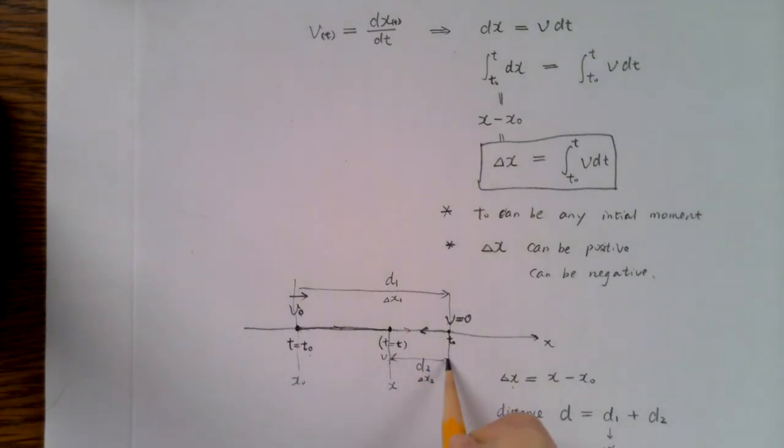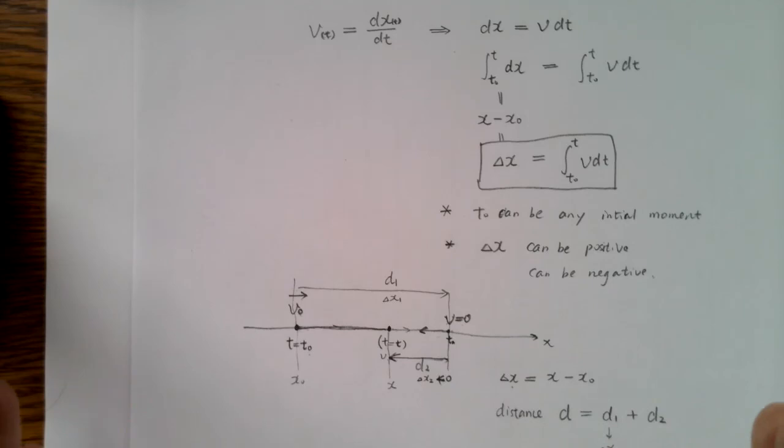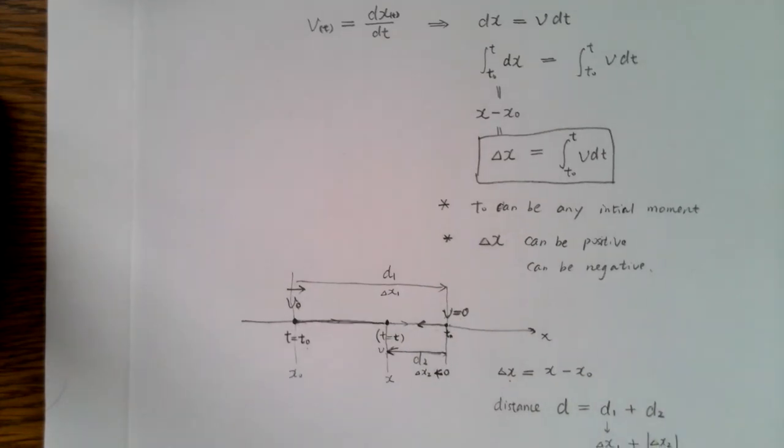We know that from here to here, the displacement should be a negative number. So delta x2 is less than 0. So the distance always equals the absolute value of the displacement for one time interval if it moves along the same direction. Okay, so then what is d2? d2 equals the absolute value of delta x2.